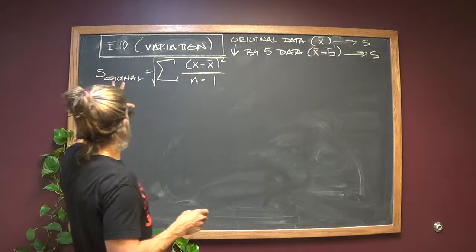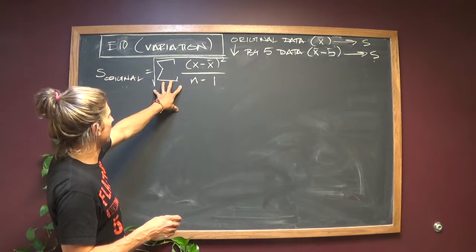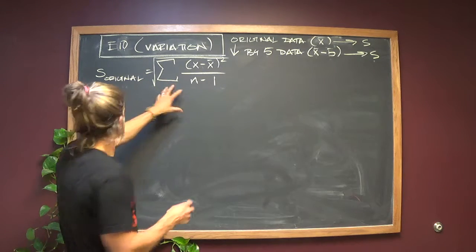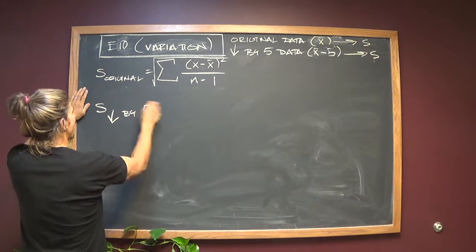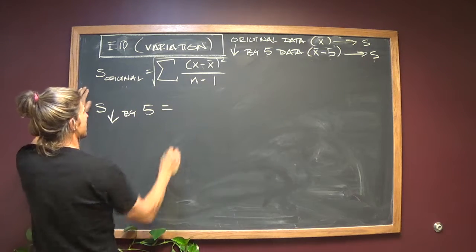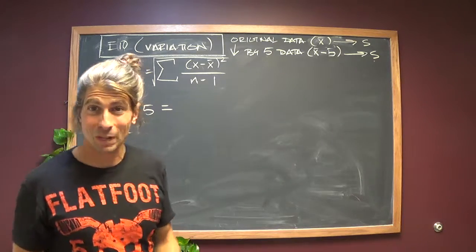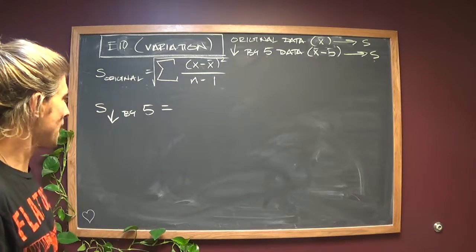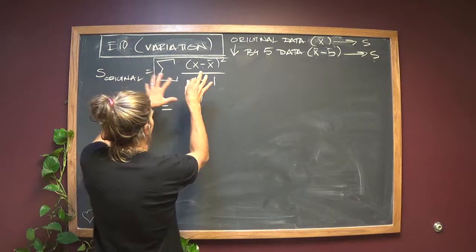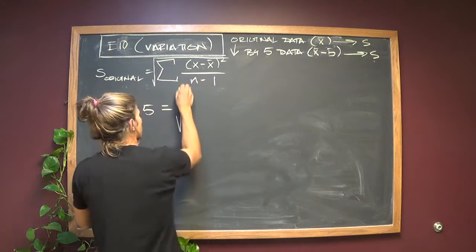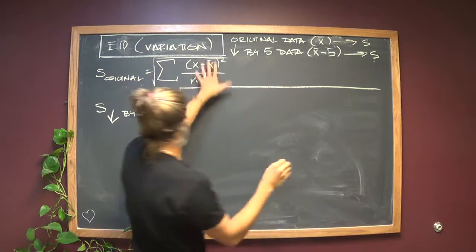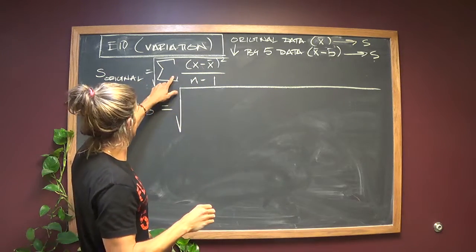So here's the original standard deviation. I want to show that the standard deviation of our down by 5 data is going to be equal to the exact same thing. And we're going to do it algebraically. In order to do that, I have to apply this definition to that new data. So we're going to start with a big old square root, which encompasses all of this. And we're going to remember what this sum means.